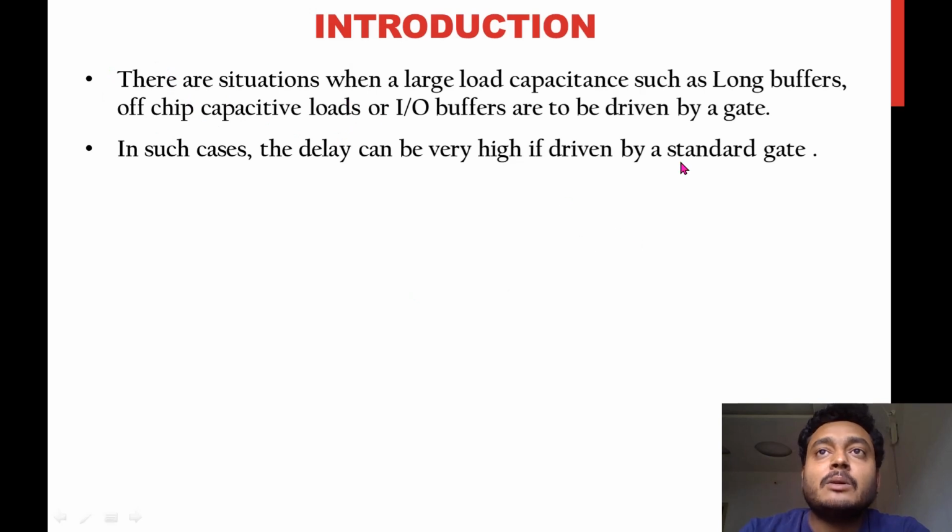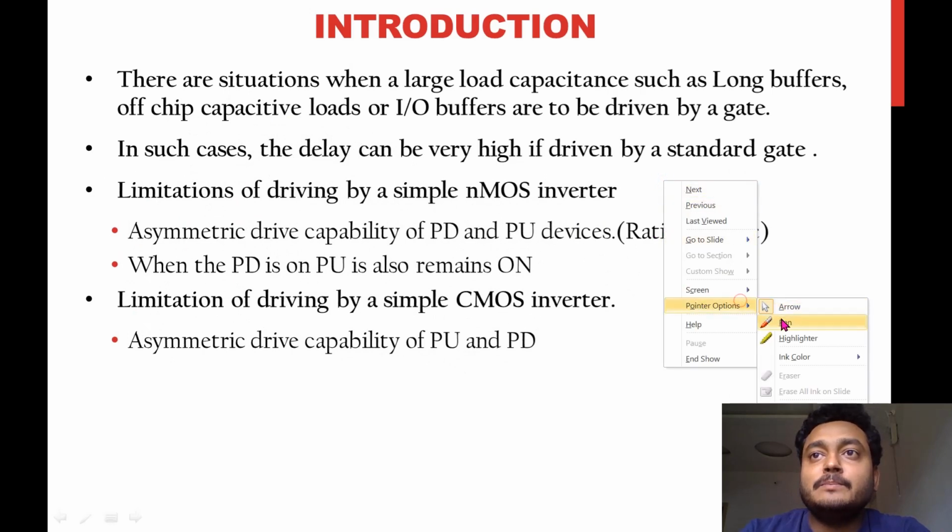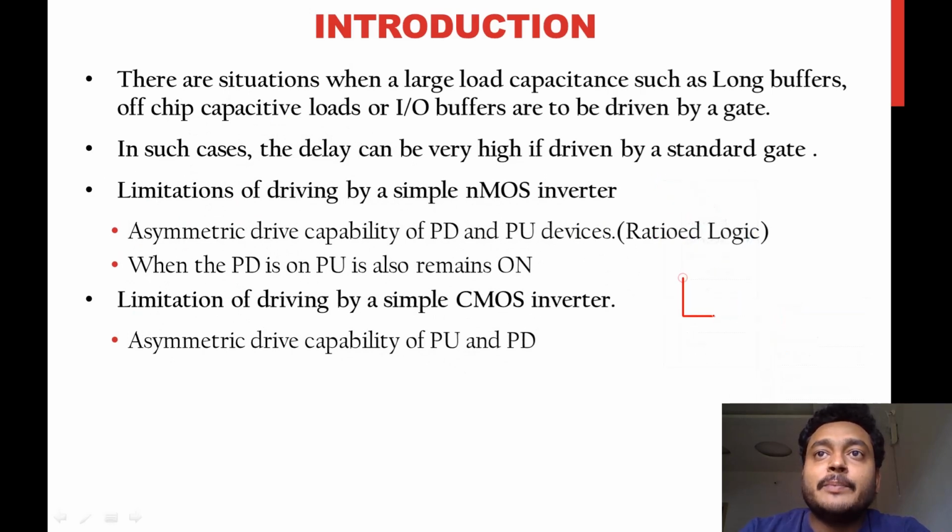Off-chip capacitive load means, suppose one chip is there, this is chip 1, and we have another chip 2. Within the chip, whatever load we get, we can call that an on-chip load.